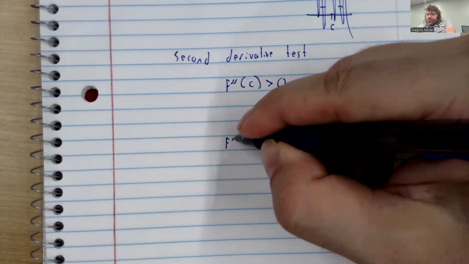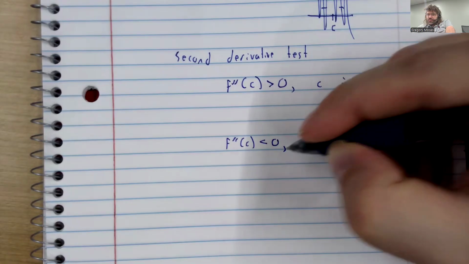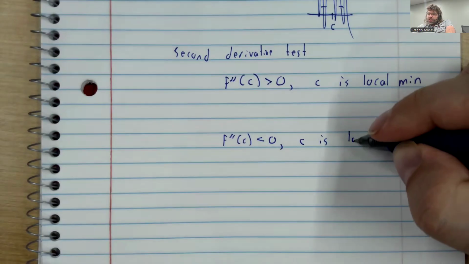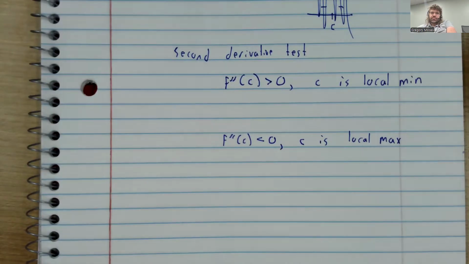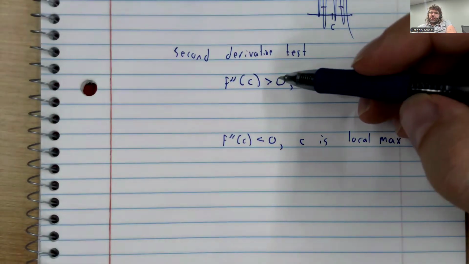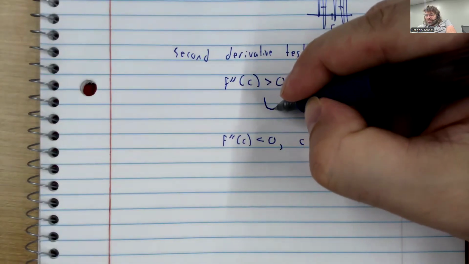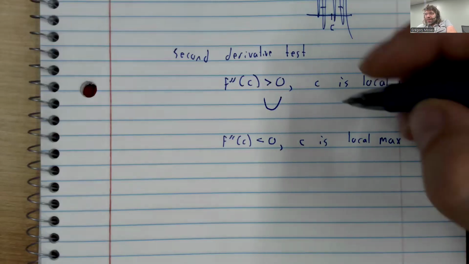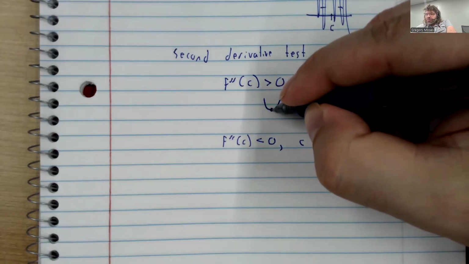If the second derivative at C is negative, C is a local max. And that's because if the second derivative is positive, we've got our concave up function, we've got our upright bowl, and the critical value is the bottom of the bowl.